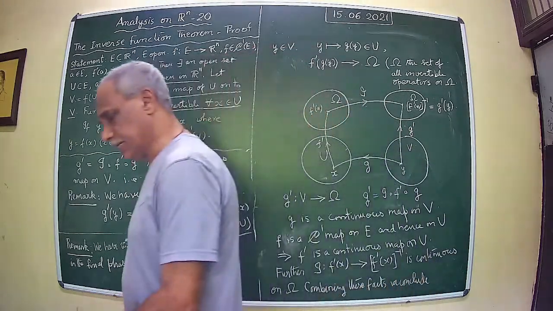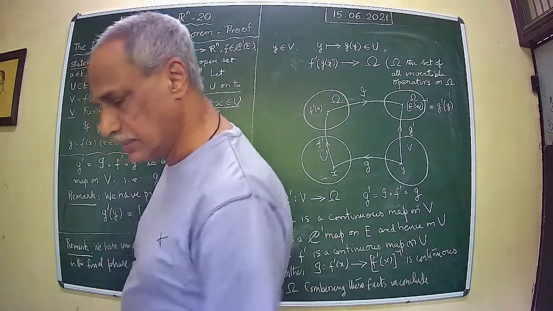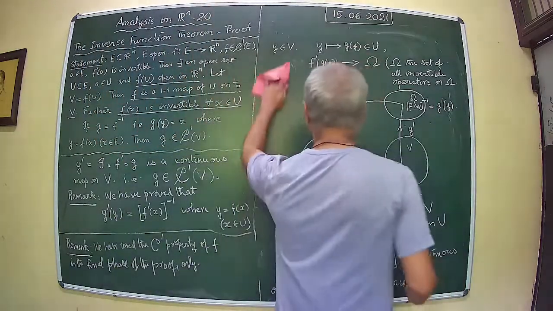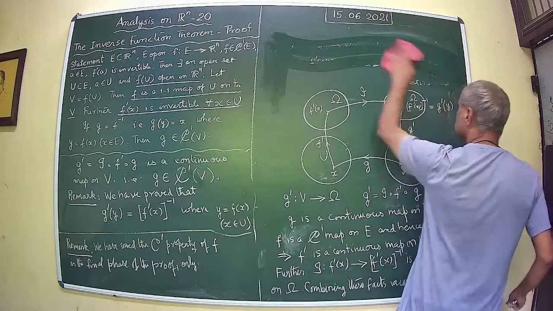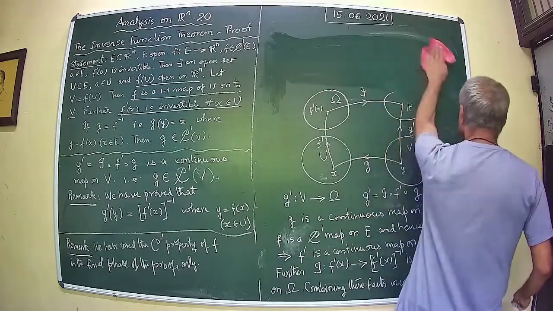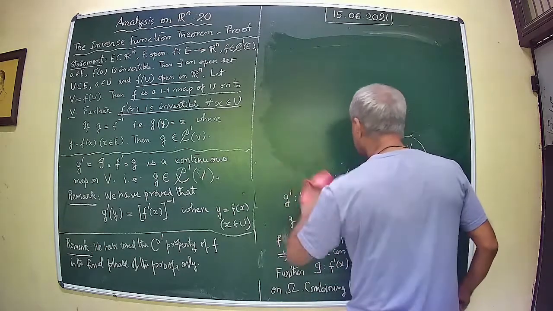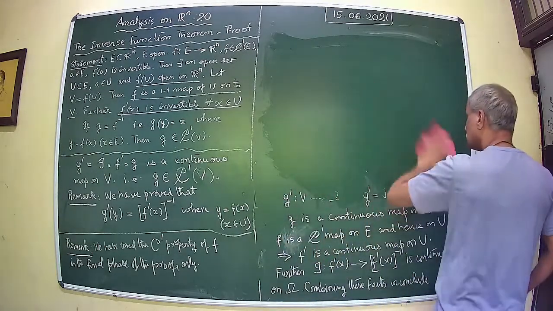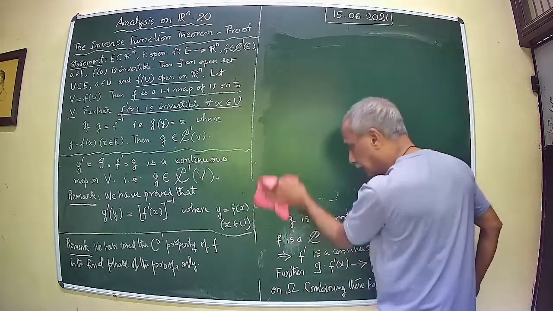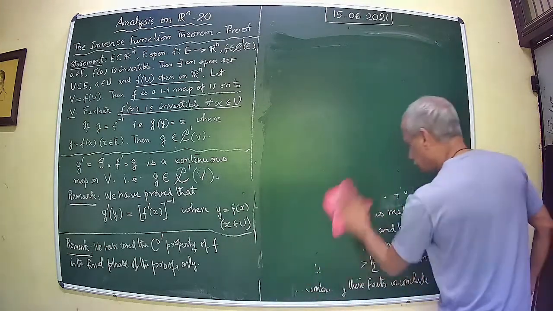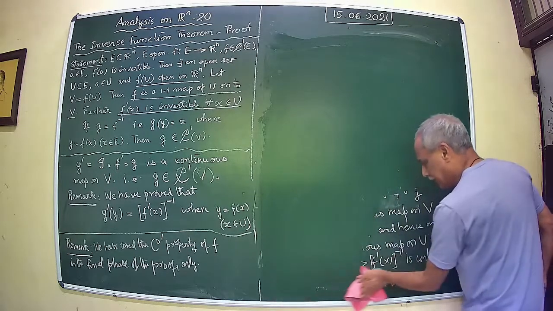Now, one of the immediate consequences of this theorem is the following. Get another result. So that actually completes the proof of the inversion mapping theorem. It's very worthwhile looking at.